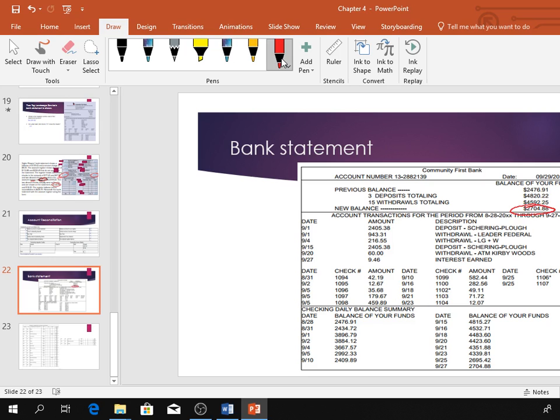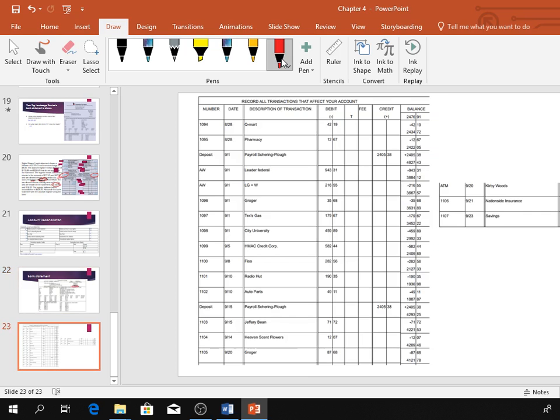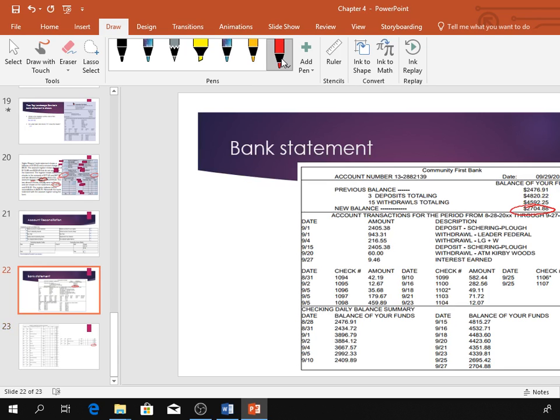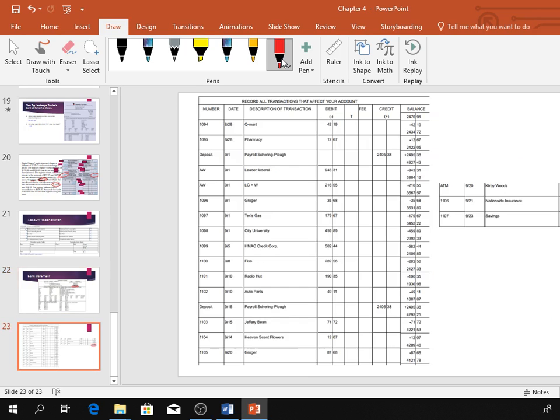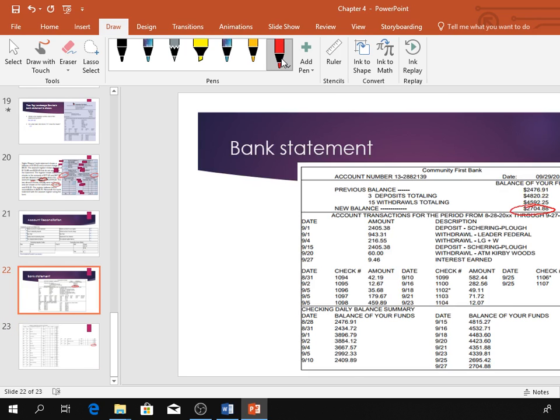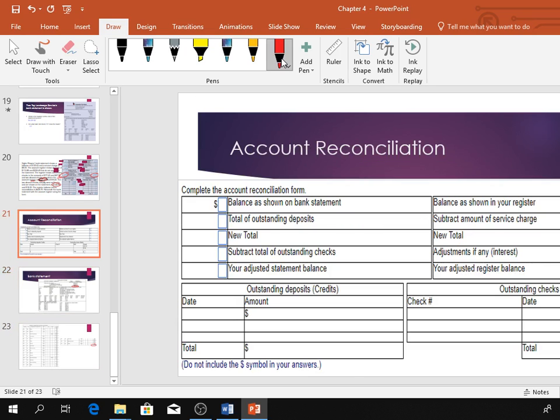Then you look through your register, what you've written down, and you notice that your final balance was $2,417.39, and those are not the same. So you need to reconcile it and see what's going on here, and see if you can get them to become the same.